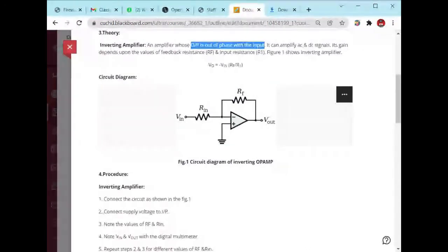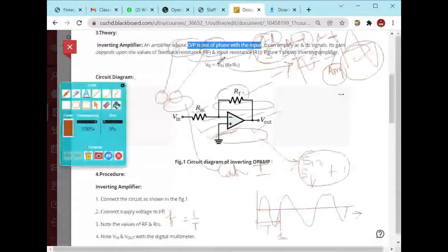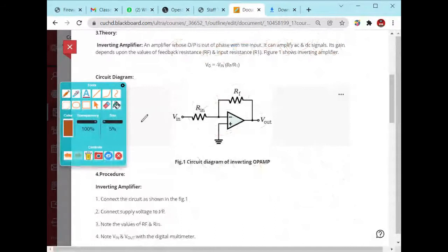Clear everyone? Is it clear to each and everyone? Are you able to understand? Let's suppose I am providing this input signal. Initially it was 1, after that it was 0. So at the output, what is the phase?